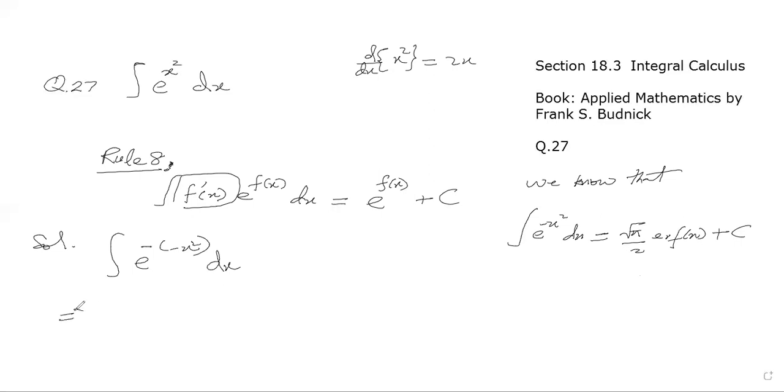Second step: you must know iota squared is minus 1. We use this property. According to the formula, we have x squared dx, but this minus sign we cannot accommodate, so the question changes.